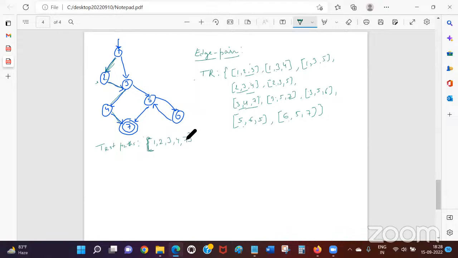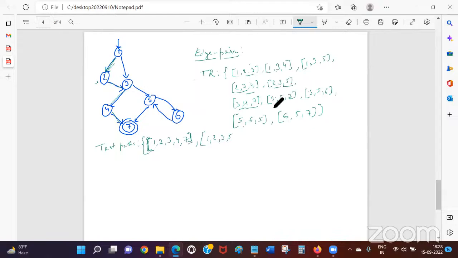Paths are given in square brackets and it's a set, so I'll put it in curly brackets. Can I have more paths? Starting again with 1, 2, 3, using 2, 3, I can go to 5 also. It's 2, 3, 5, so this is covered.